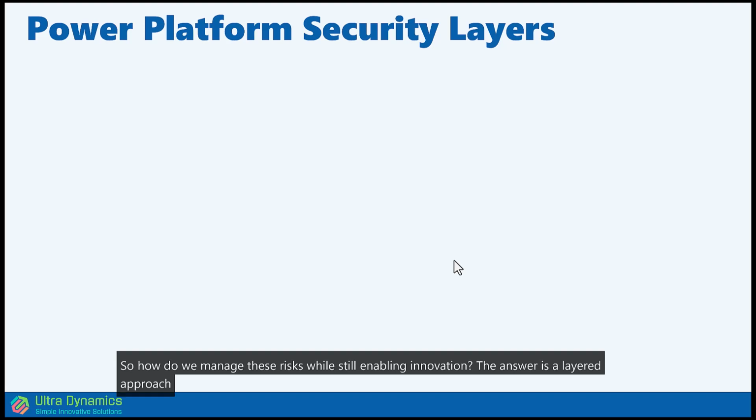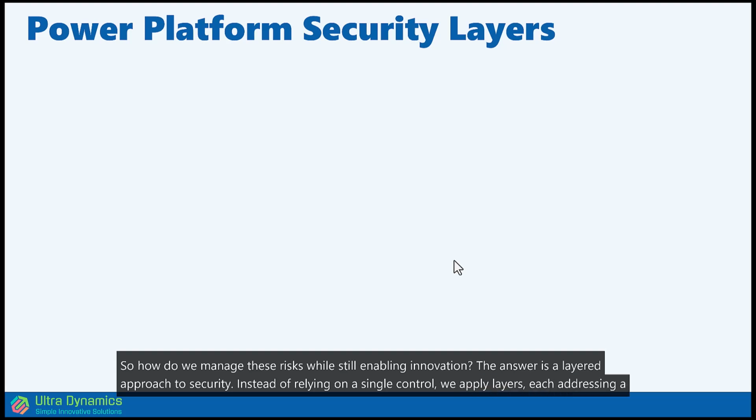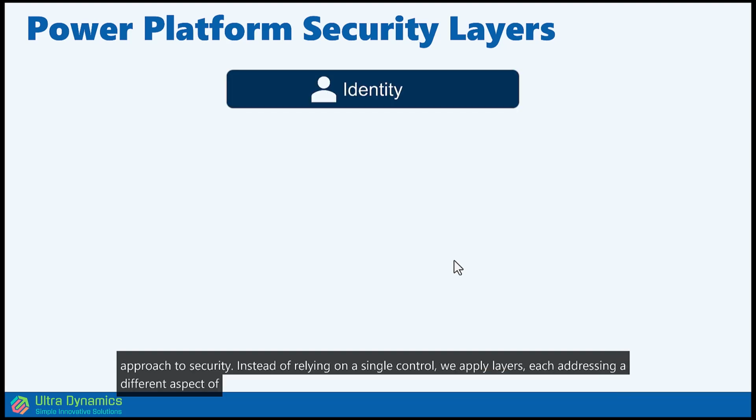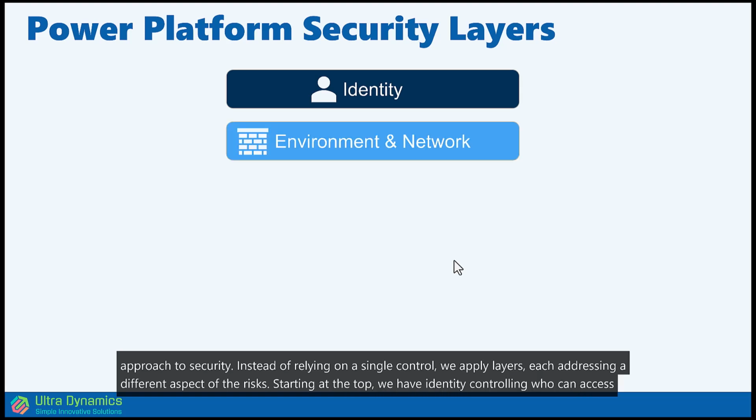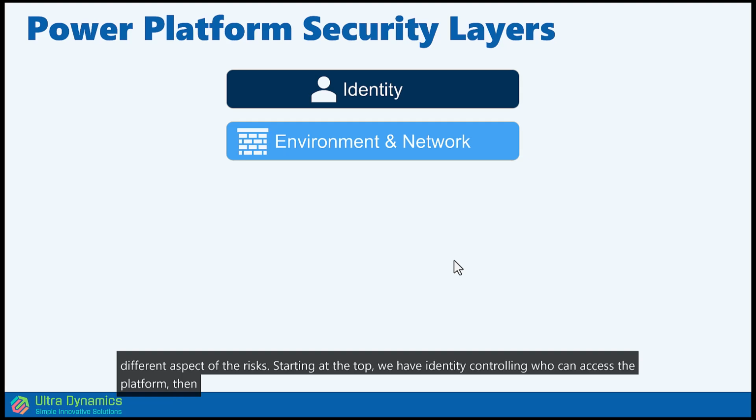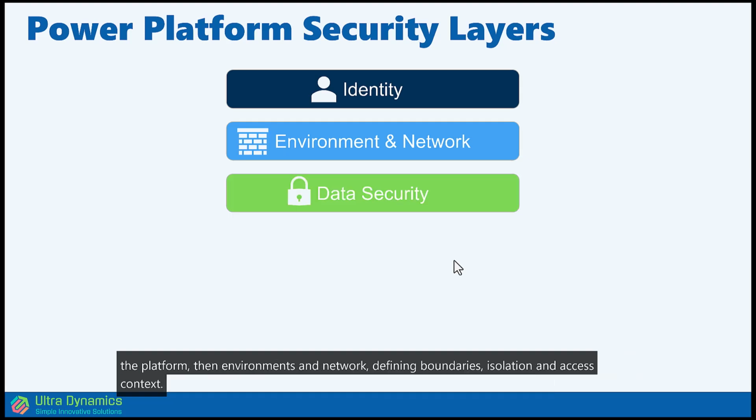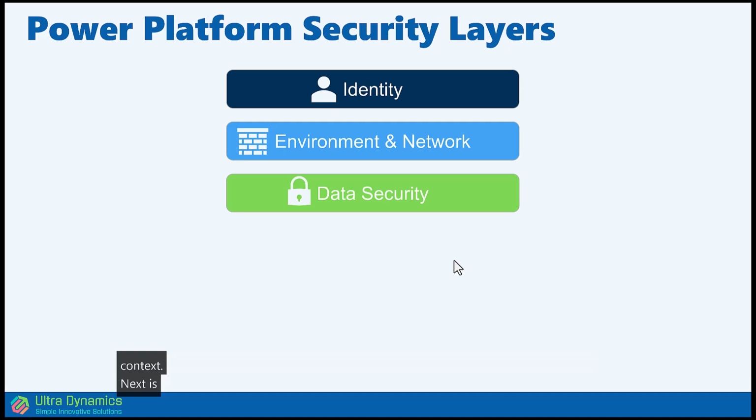Instead of relying on a single control, we apply layers, each addressing a different aspect of the risks. Starting at the top, we have identity, controlling who can access the platform. Then environments and network, defining boundaries, isolation, and access context. Next is data security, controlling who can access data and at what level.